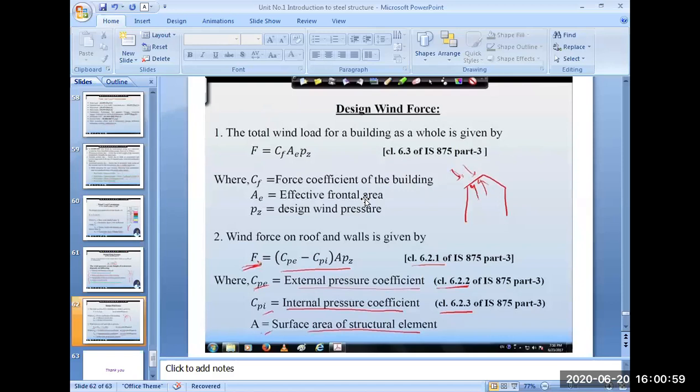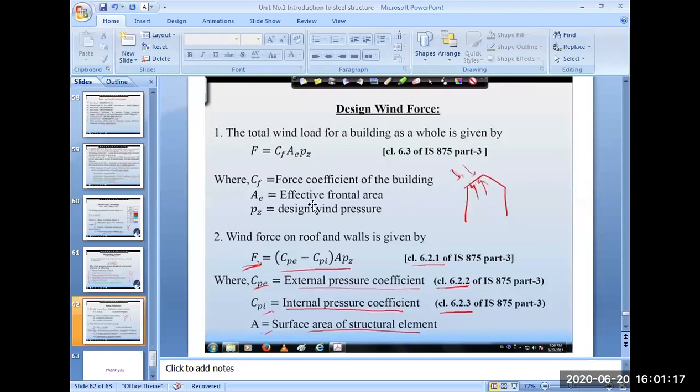If you see our inclined roof structure, the top part is inclined, so on the top inclined part the wind force is acting.